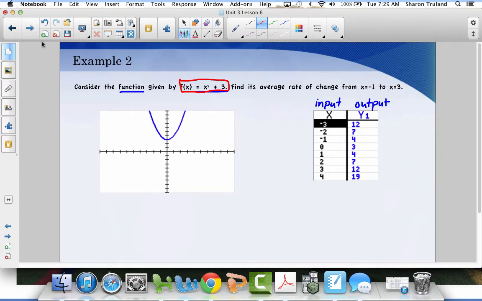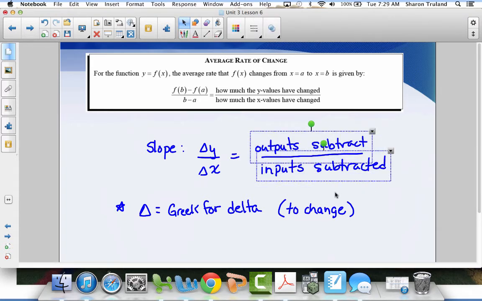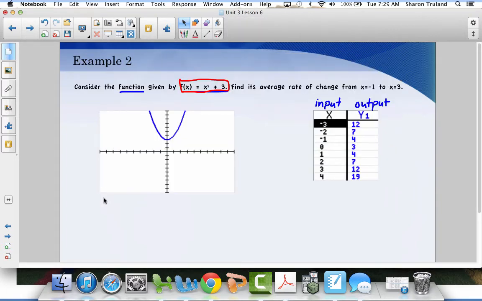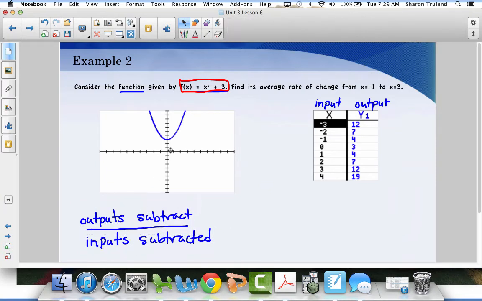Okay, so now I'm going to come back here and remember, to find the average rate of change, it's the outputs subtracted over the inputs subtracted. So the first thing I'm going to do is take this -1. I know -1 is an input. When I input -1, they say my output is 4. When I input a 3, they say my output is 12.